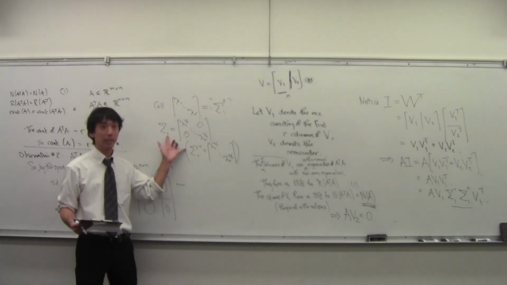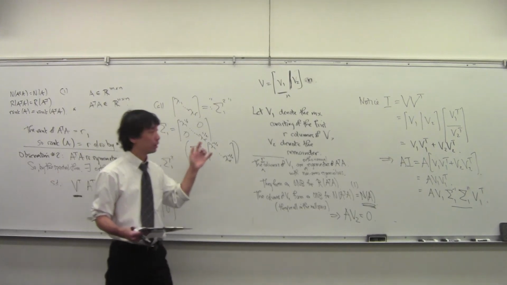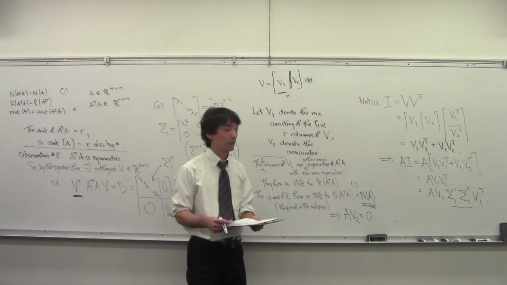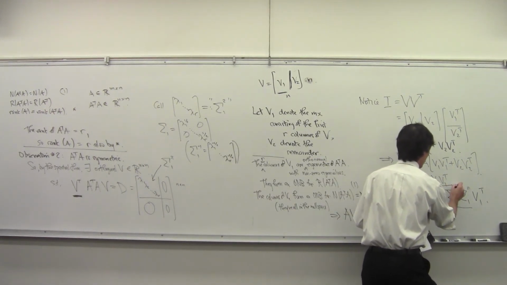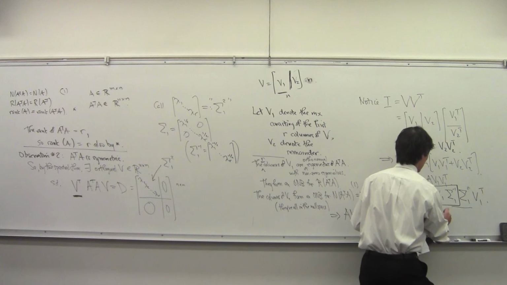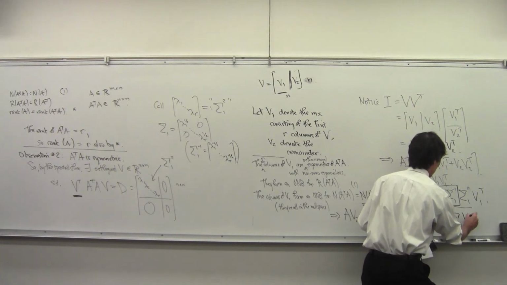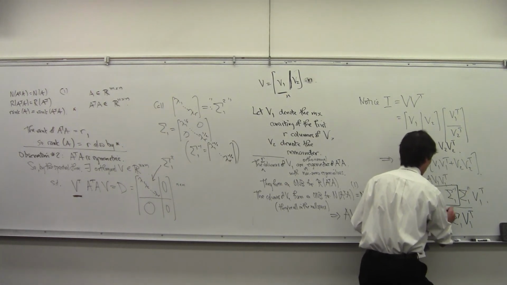They multiply to the identity. And this turns out to be the compact singular value decomposition.